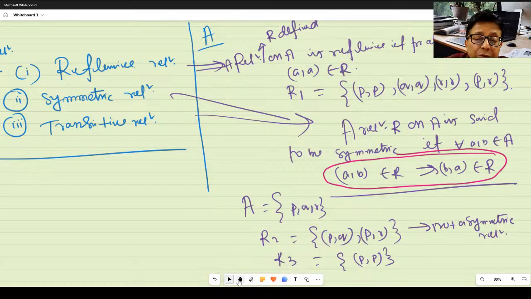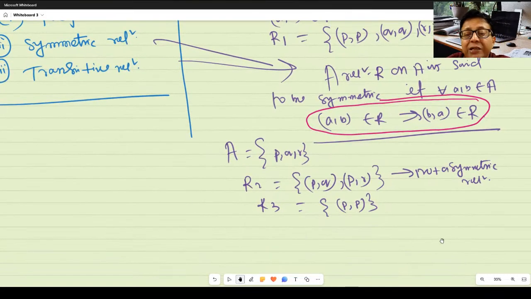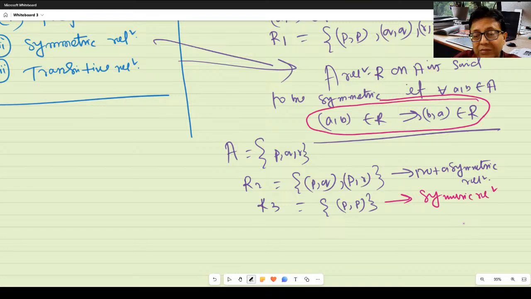But if it is not there, we will not think about the opposite. If (P, Q) is there, then only (Q, P). If (P, Q) is not there, still it is a symmetric relation. This is a symmetric relation, R3.